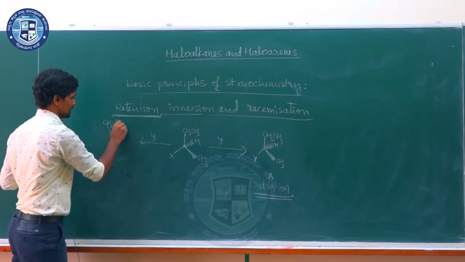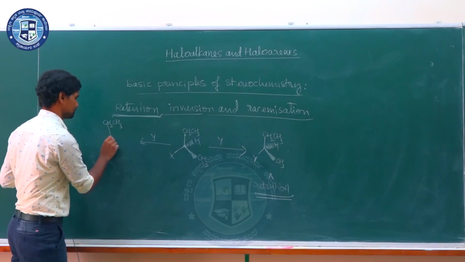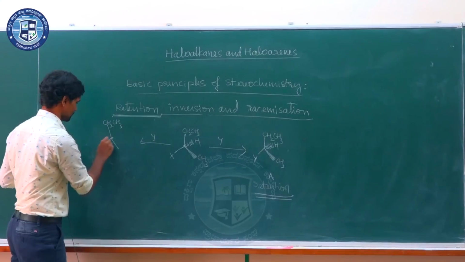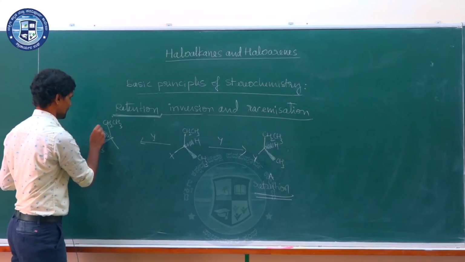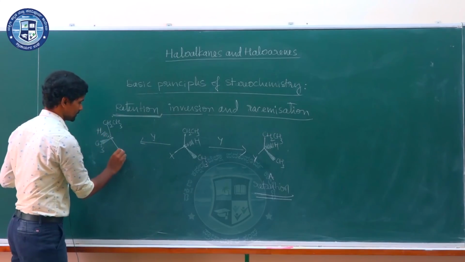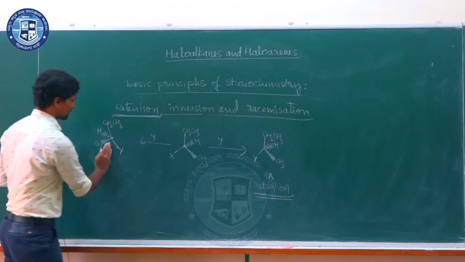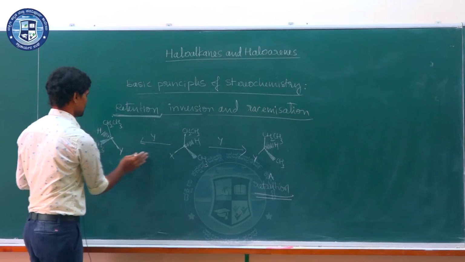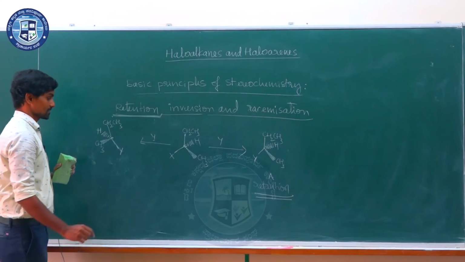Now, think the other way: when Y replaces X, you get a configuration like this: CH2CH3, CH3, H, and here you get Y. We compare this configuration with the earlier one: inversion of configuration has taken place.